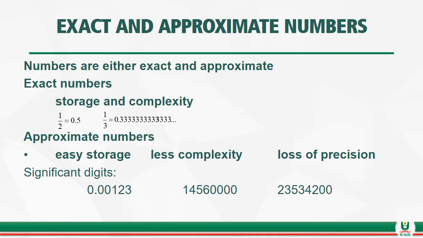But in the third case, where we have 235.34200, the most significant is 2 and the least significant is 0. This is according to the laws as stated in the course material.